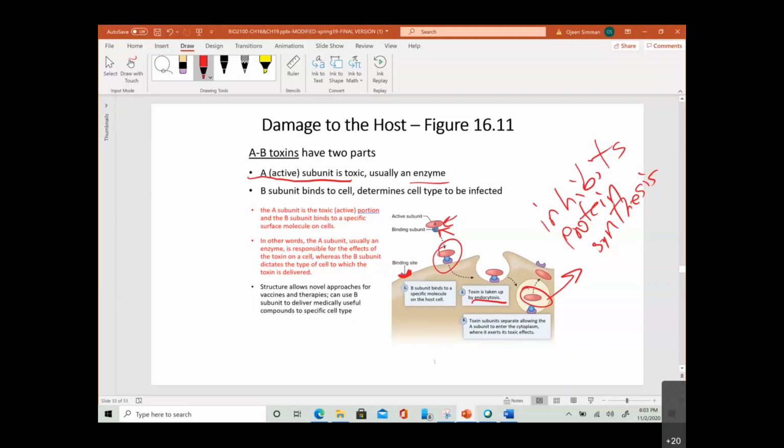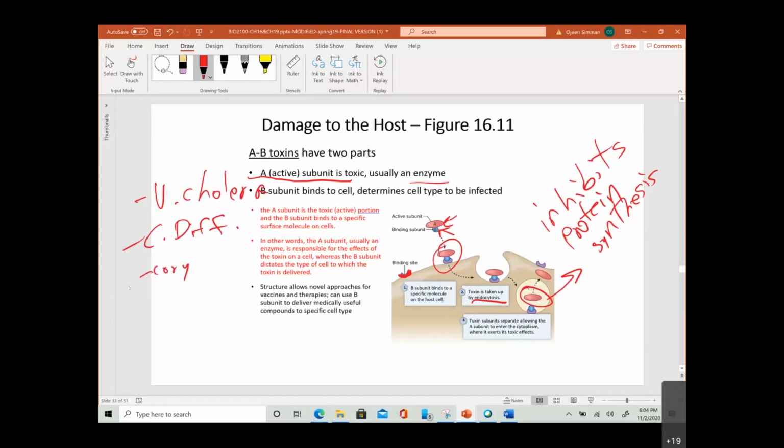Which ones do I want you guys to know? A lot of different bacteria have this. Examples of bacteria that have the AB toxin: Vibrio cholerae, the bacteria that causes cholera. That's a good one to know. Clostridium difficile also has an AB toxin.